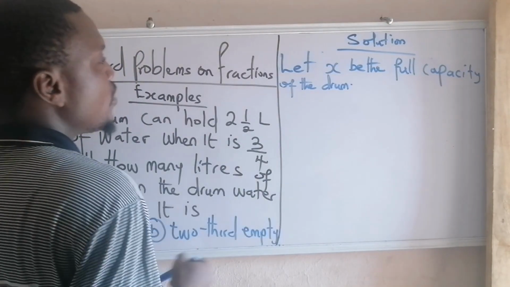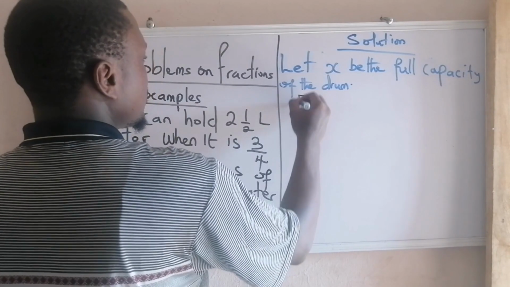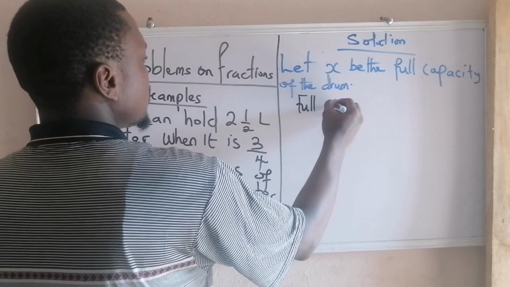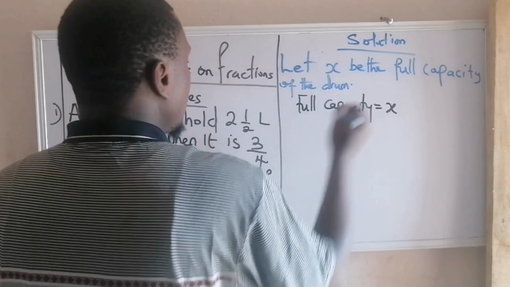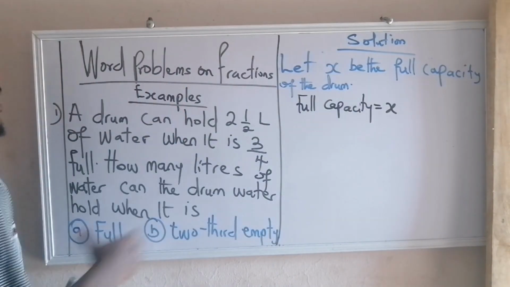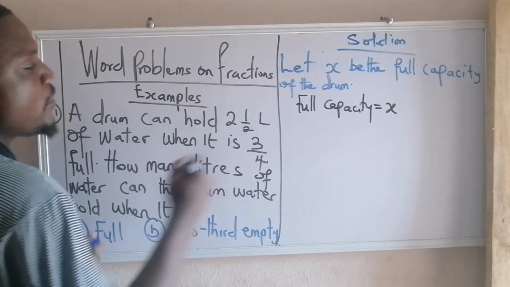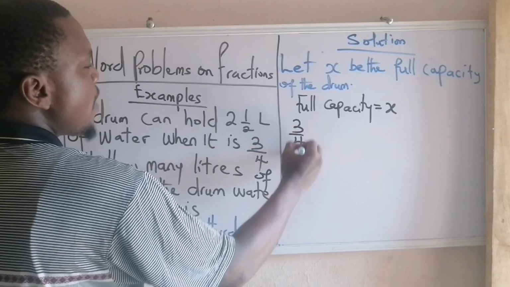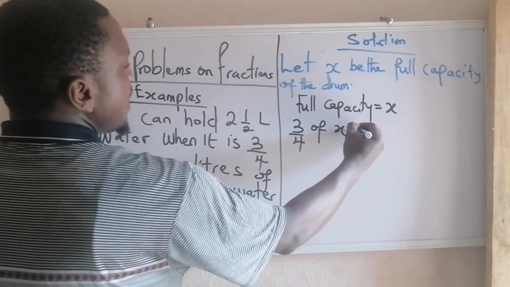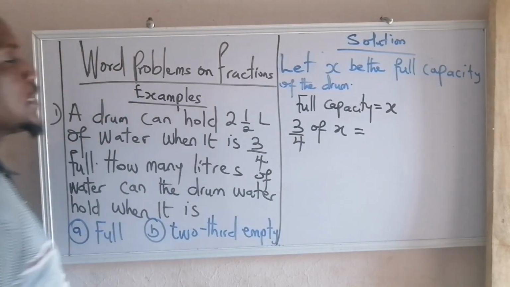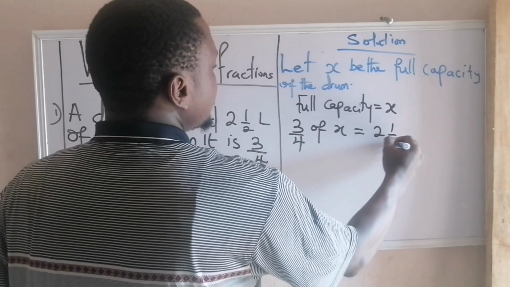So the full capacity of the drum is X. Now, when it says 3/4 full, that is 3/4 of our full capacity of X. This will represent 2.5 liters, 2 and 1/2 liters.